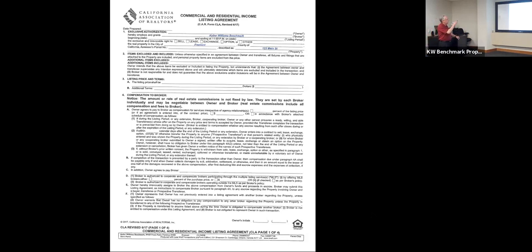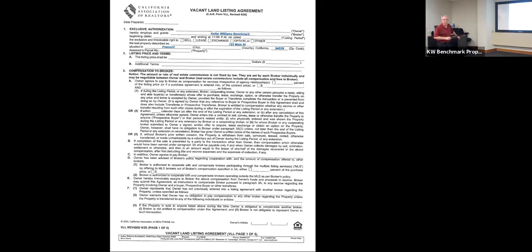If you're going to list a duplex, a triplex, or a fourplex, or my recommendation, if you're going to list a house with a detached ADU that has a tenant in it, I would use the residential income, because especially when you get into the purchase side of things, there's going to be additional information called for in the agreement that you want to generate.